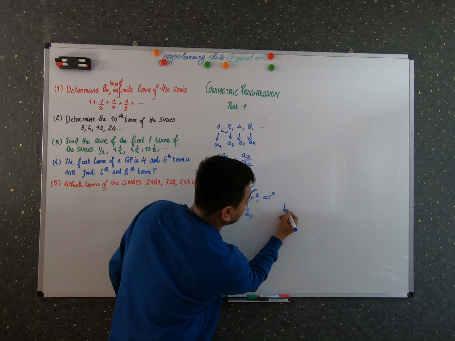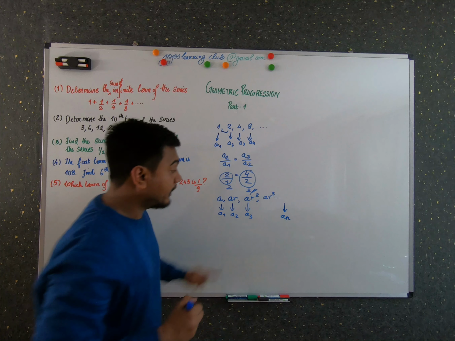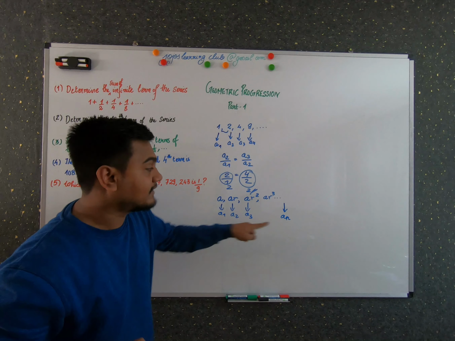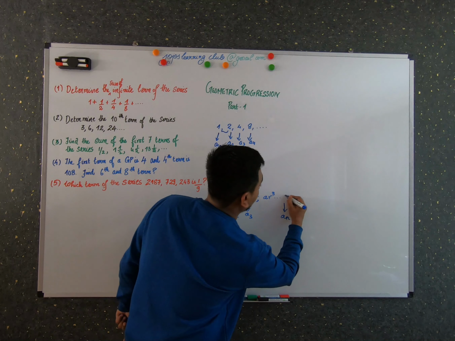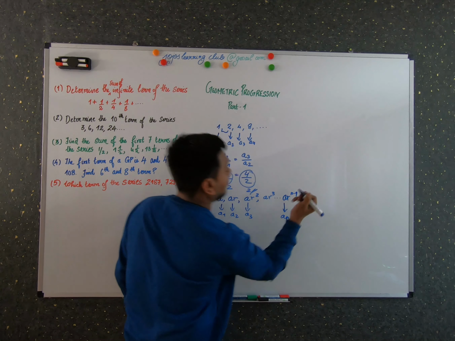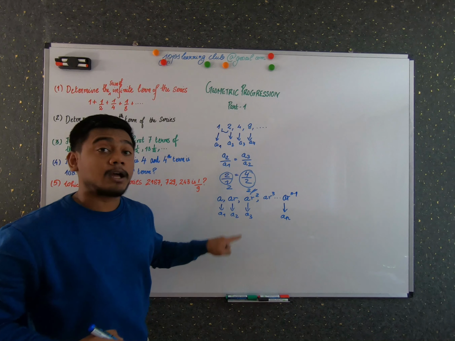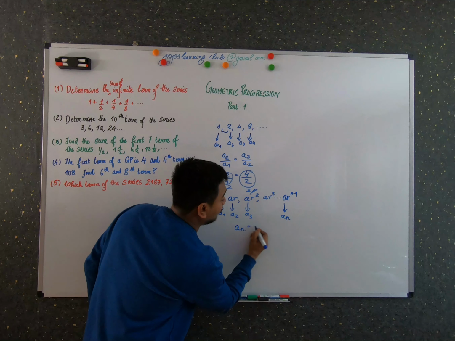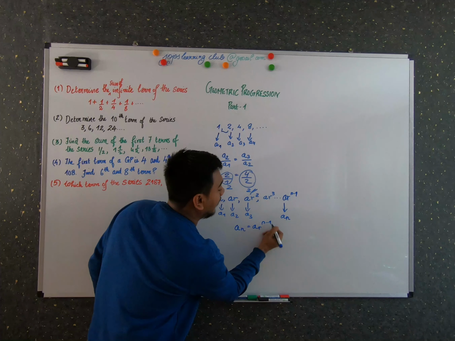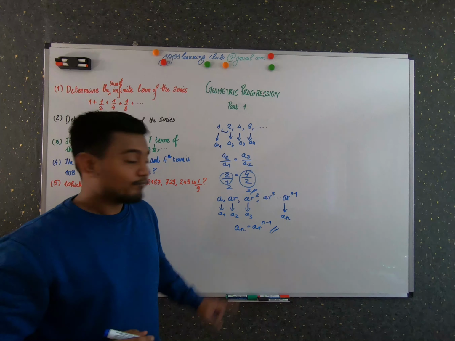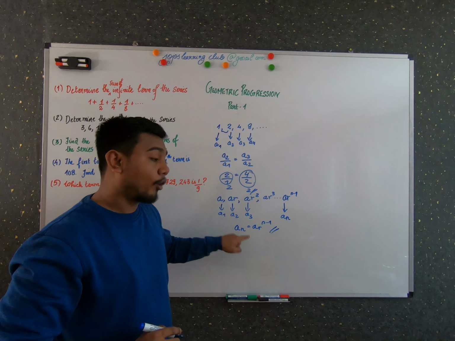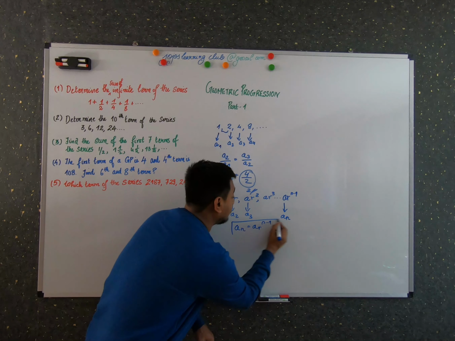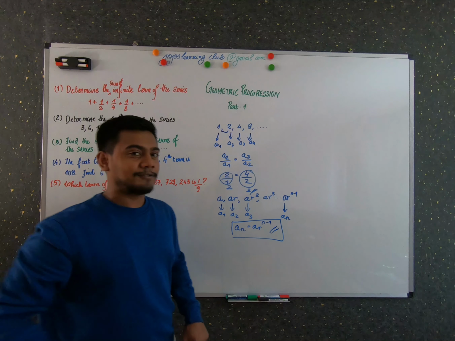So what will be the answer for An? The power of R is 1 less than n, so it would be AR raised to n minus 1. So the nth term of a geometric progression is An equals AR raised to n minus 1. This is the formula to find the nth term of a geometric progression.